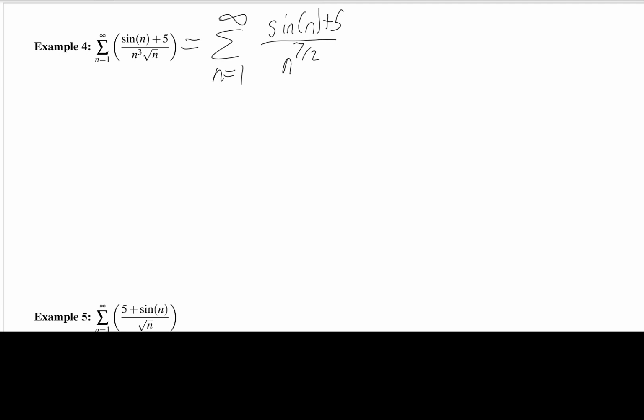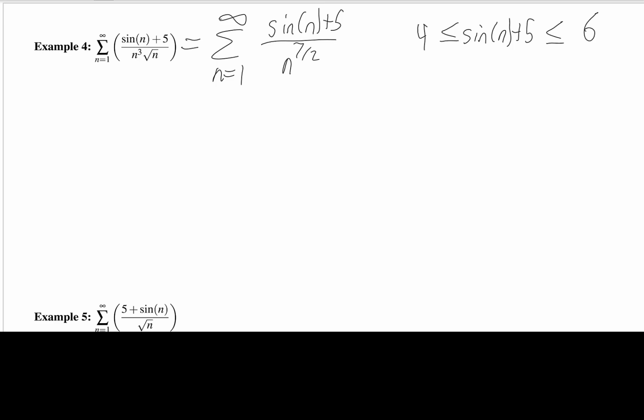Now I know that the sine function is between -1 and 1. So -1 plus 5 will give me 4. So that means that 4 is less than or equal to sine of n plus 5, which is less than or equal to, so the upper bound for sine of n is 1, so 1 plus 5 will give us 6.